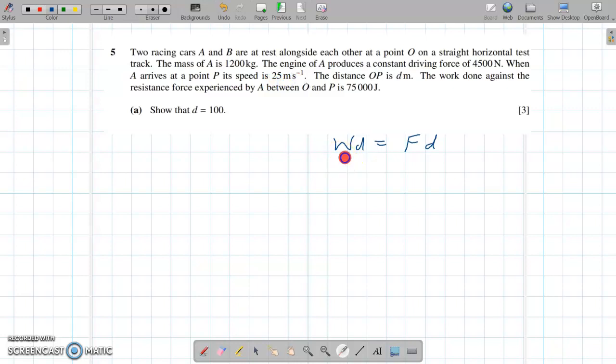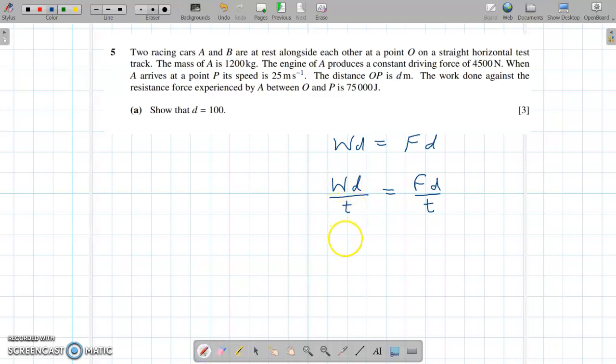While we're talking about this equation, we could also talk about the rate of work done. If we wanted the rate of work done, it's work done per second, so I divide by time. Work done is energy, so energy per second, or energy divided by time, is power.